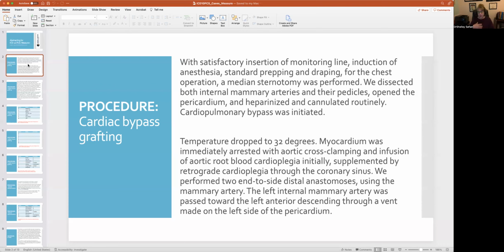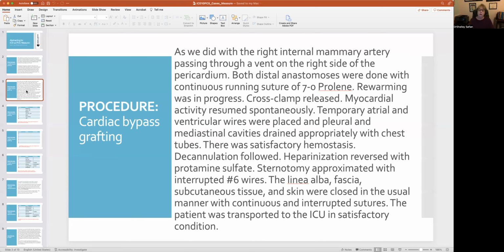I find that when I can be looking at the drawing, at the illustration of the heart, and I can see what they're doing on at least the pieces and parts on the illustration, it helps me get a clearer picture of what is going on. Okay? All right. As we did with the right internal mammary artery passing through a vent on the right side of the pericardium.